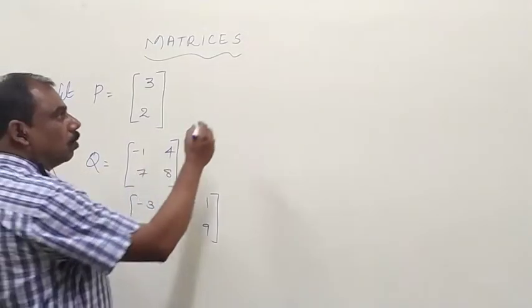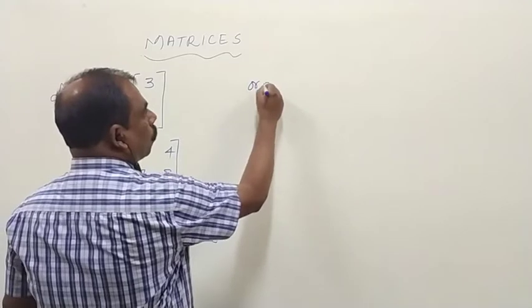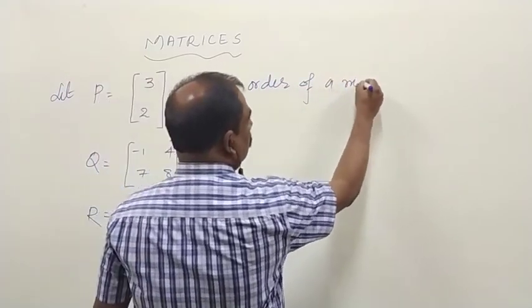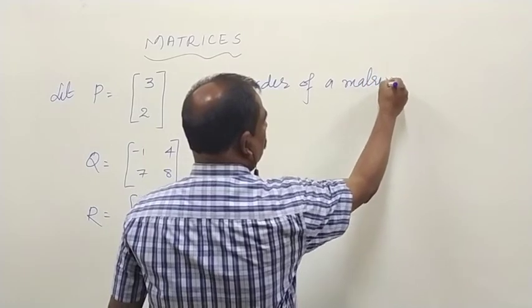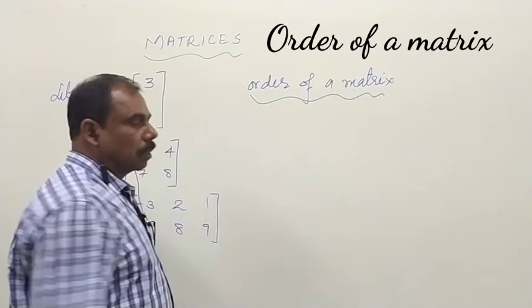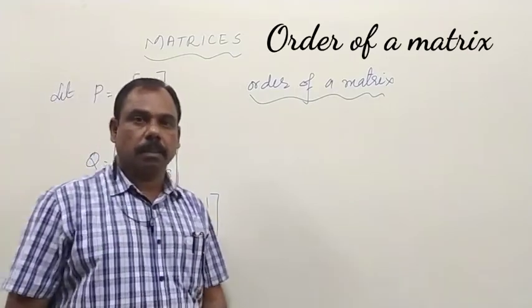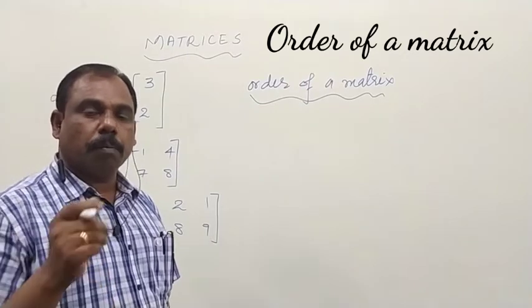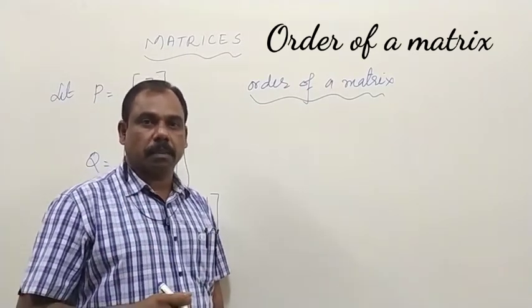Now let us look at the concept of order of a matrix. Order of a matrix describes the number of rows and number of columns present in the matrix.